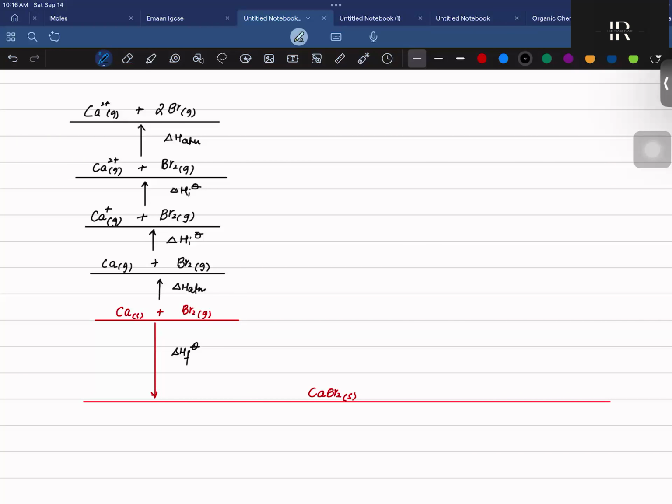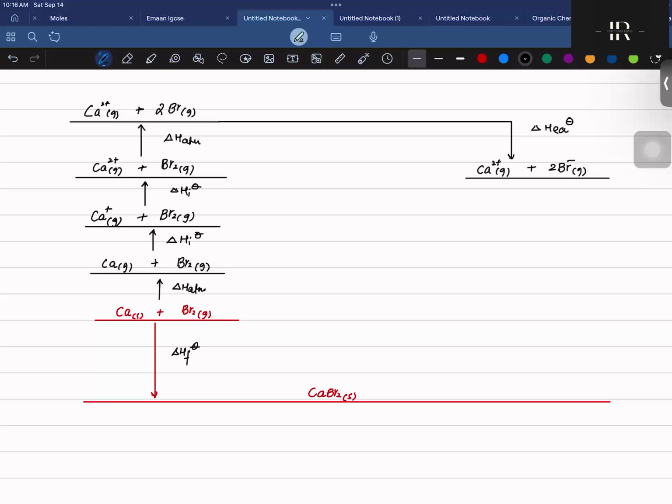Right. And then afterwards, after atomization, now electron affinity, because bromine would be gaining 1 electron like this. That would be 2Br minus gas. This is electron affinity.